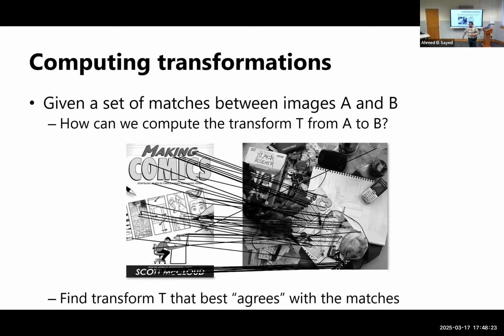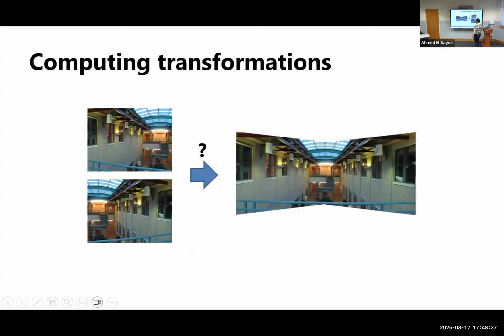So now we learned about the transformation and the types of those transformations. And we understand that something like this is a homography.